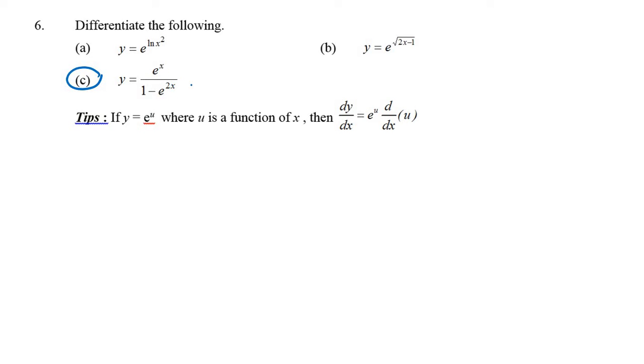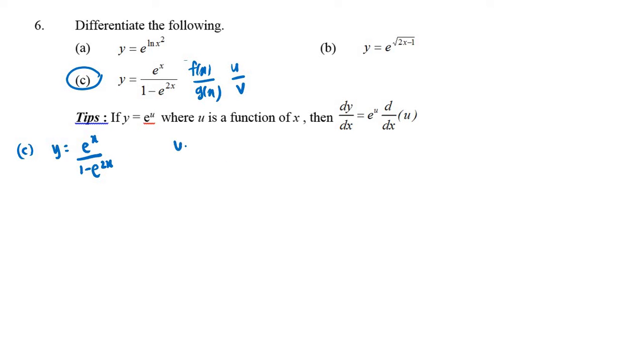A fraction. So we actually have fx over gx, or you can also write down u over v. Okay, so over here, we have y is equals to exponential of x over 1 minus e to 2x.